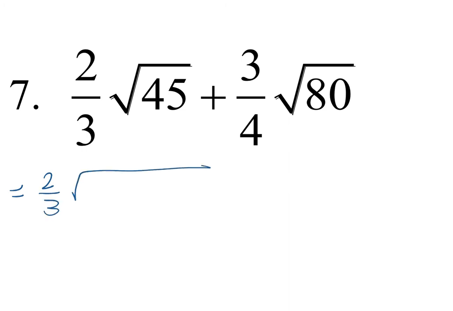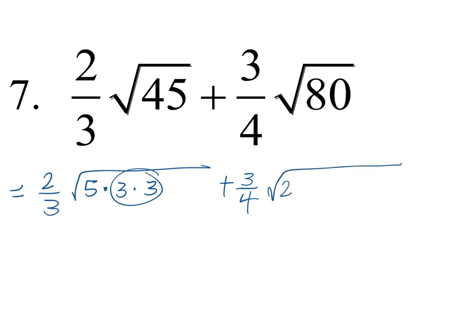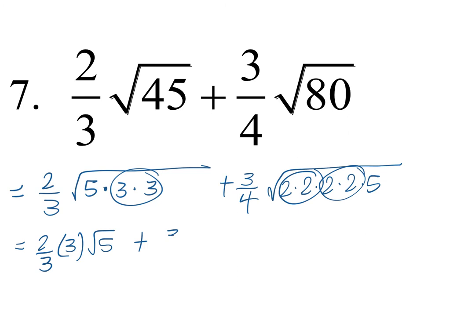So 45, its prime factors are 5 times 9. 9 is 3 times 3. 80, let's see, we got 2 times 40. 40 is 2 times 20. 20 is 2 times 10. 10 is 2 times 5. A 2 comes out, another 2 comes out, and you have the square root of 5.